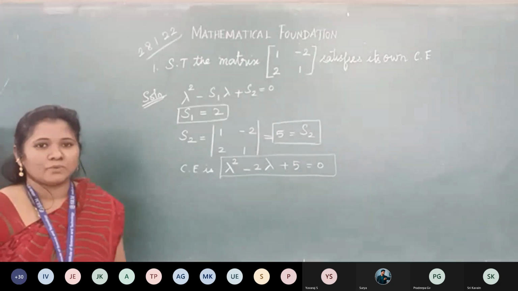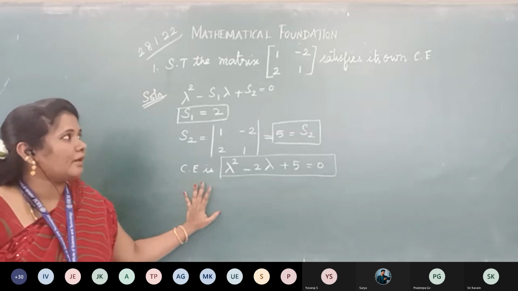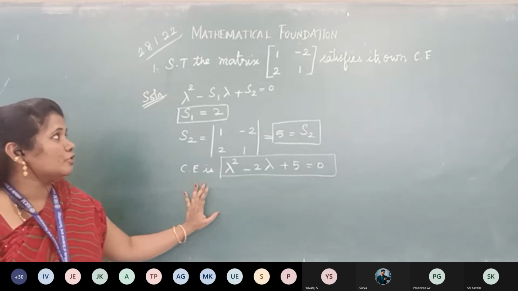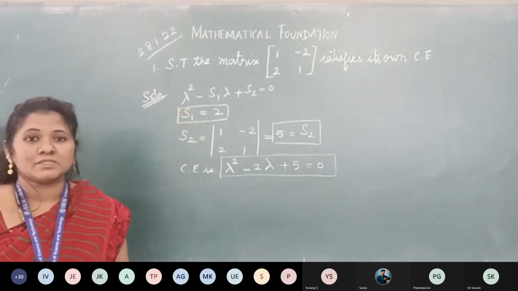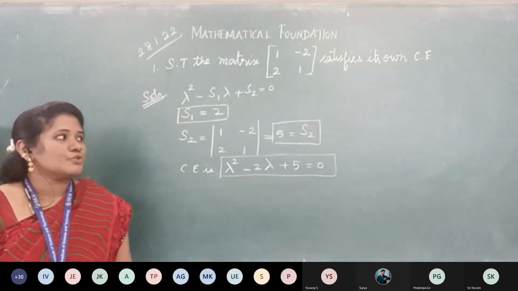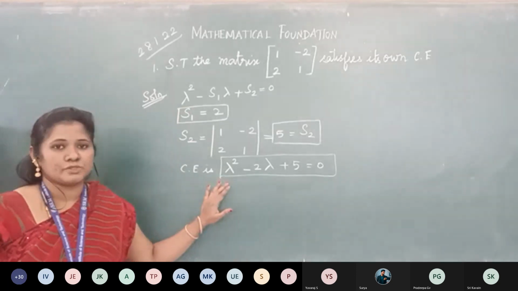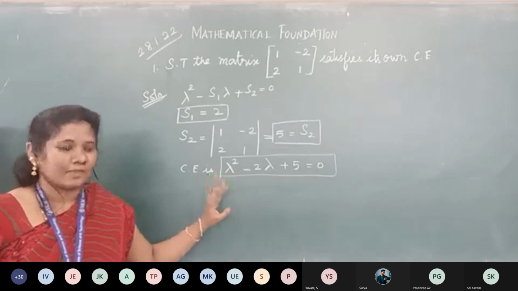Okay, so till the characteristic equation you already know. Now they have asked you to show that this matrix satisfies its own characteristic equation, so you will have to prove it. Whatever scalar you've got here, your lambda is that scalar.